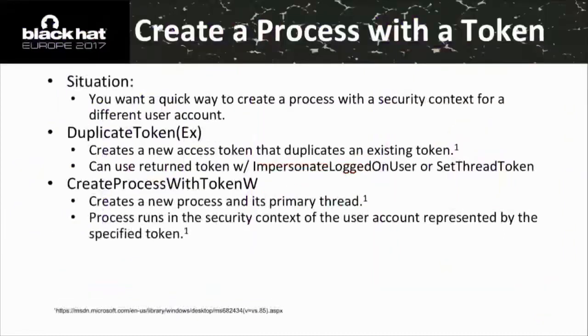All right, so the next situation would be creating a process with a token. A reason why an attacker might want to do this is, let's say your security program locks everything down to where only Internet Explorer or other web browsers are allowed to make port 80 or port 443 traffic, or communicate with the web proxy.